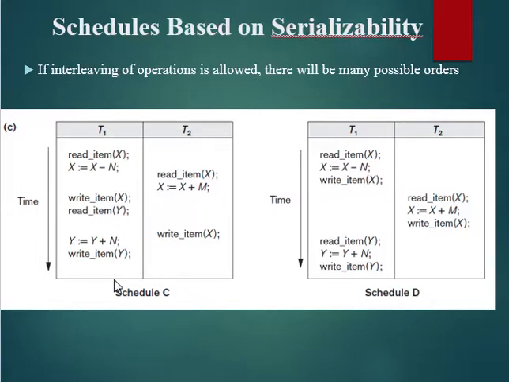But if we follow an interleaved fashion, there are different possible options. The first command of the first transaction can be executed, followed by two commands of the second transaction, then two commands of the first transaction. It can also be changed, like first executing two commands of T1, then one command of T2. So there are different possible interleaved fashions. Here you can see two given schedules, C and D.